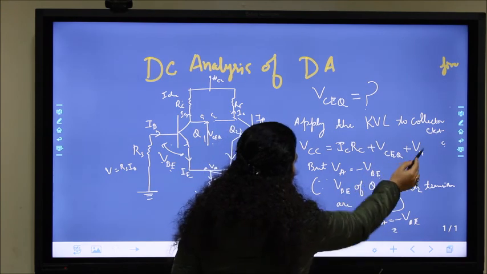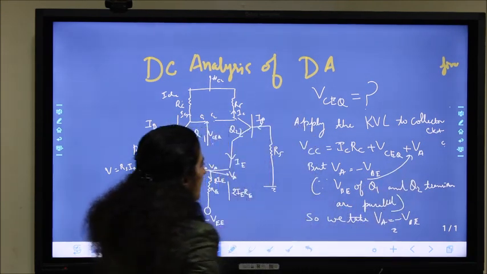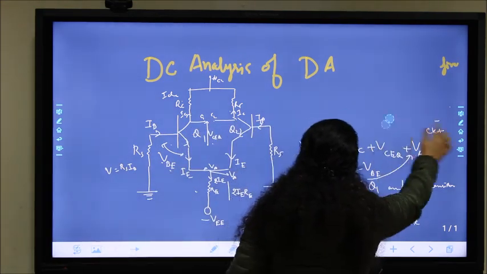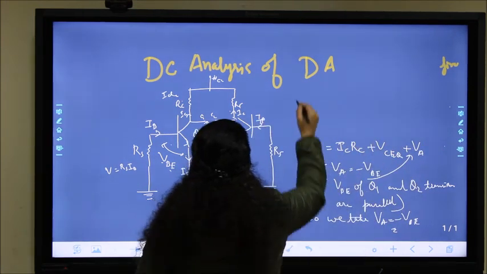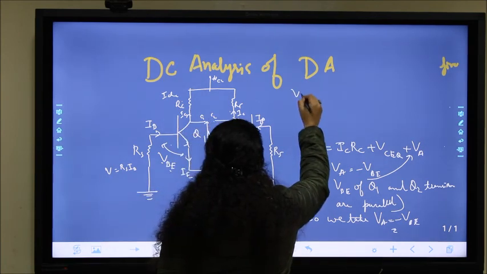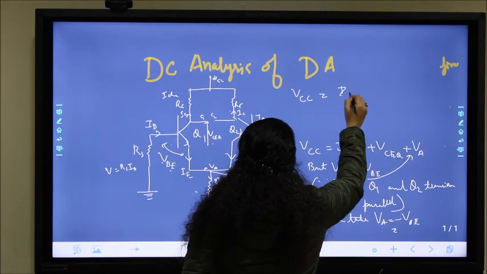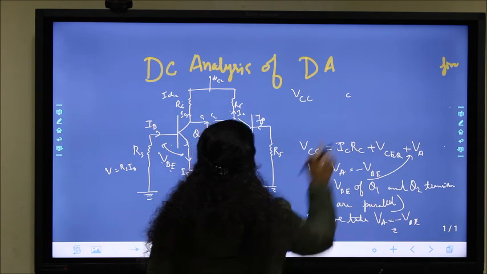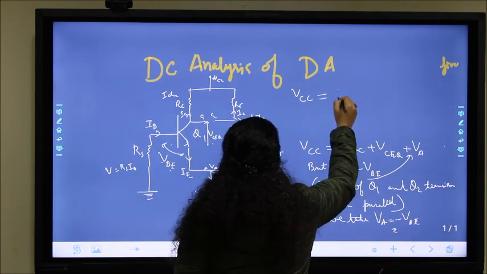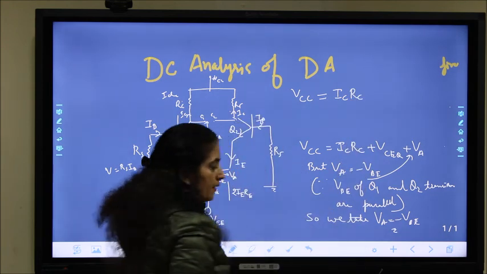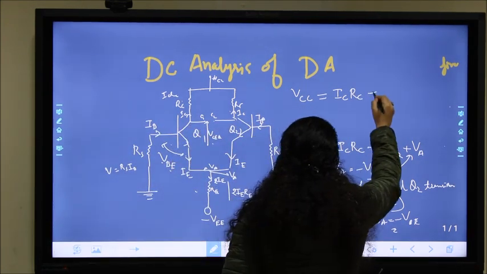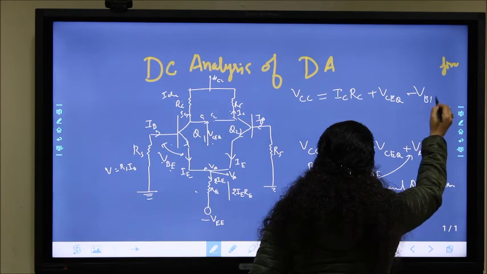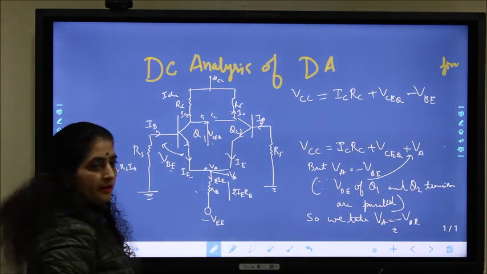Now I replace VA with minus VBE. Our equation will become VCC is equal to IC RC plus VCEQ minus VBE.